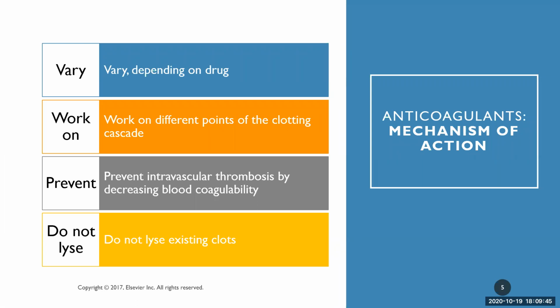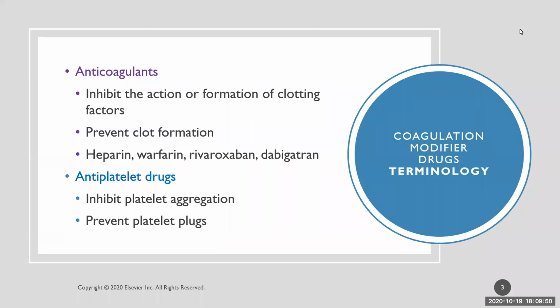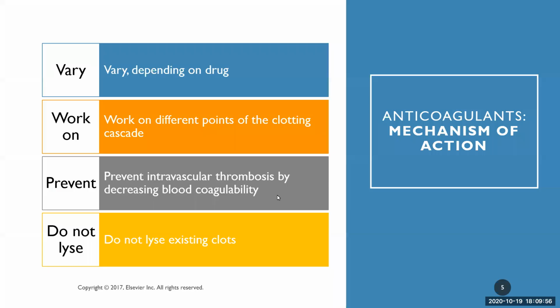So their mechanism of action varies depending on the drug. I said we have heparin, warfarin, rivaroxaban, dabigatran, we have aspirin, and we have clopidogrel. All those drugs, and their mechanism of action varies depending on which drug they are.